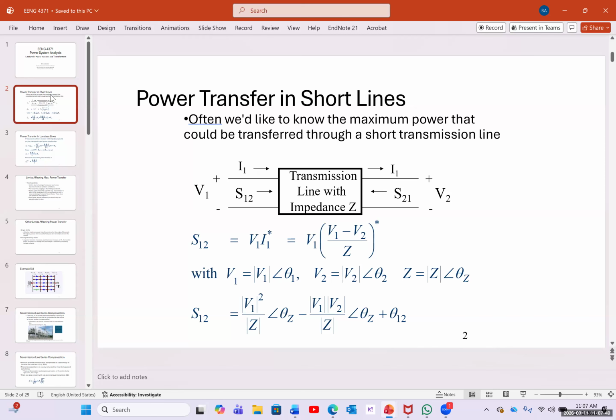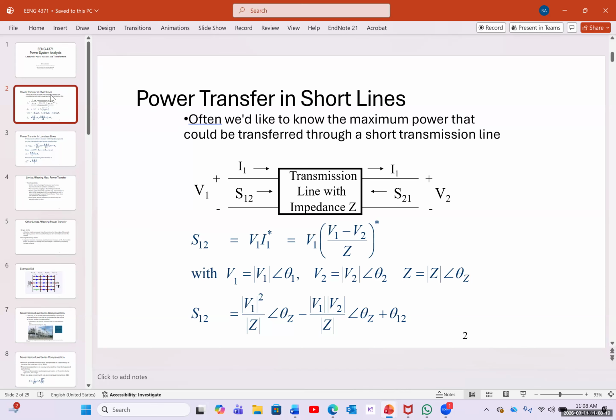So first, we're going to start with power transfer in short lines. The main goal here is to maximize power transfer. To maximize power transfer means that the power that we generate is going to be near, or exactly equal to, the power at the load side.